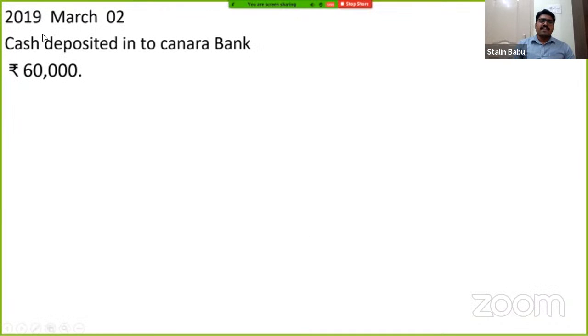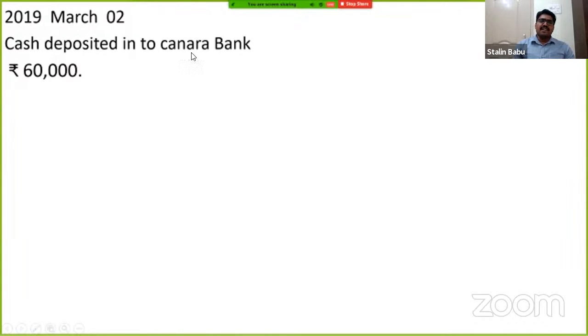2019, March 2nd, cash deposited into Canara Bank, rupees 60,000. This is the transaction. Cash deposited into Canara Bank. That means business is depositing cash into the bank. What happened here? Cash is going out of the business.